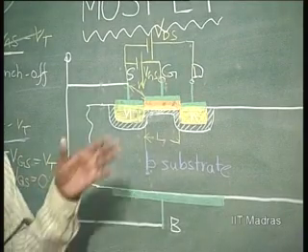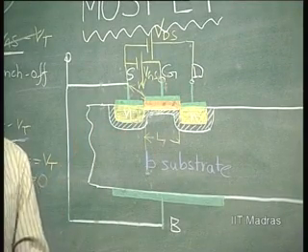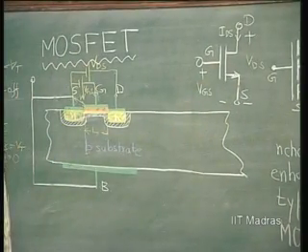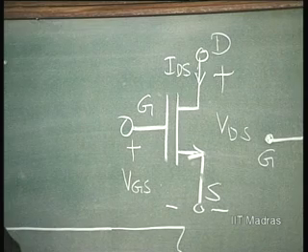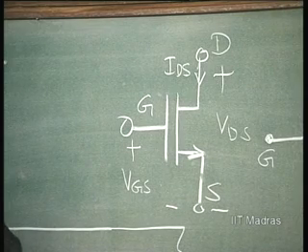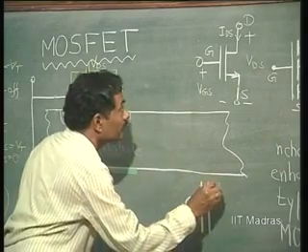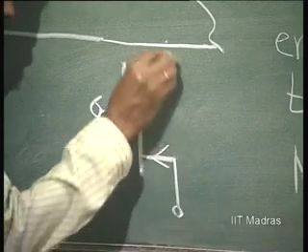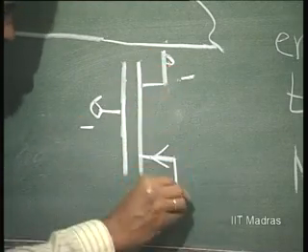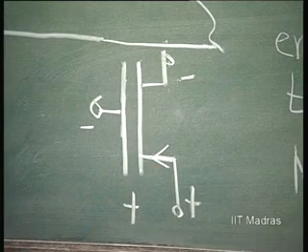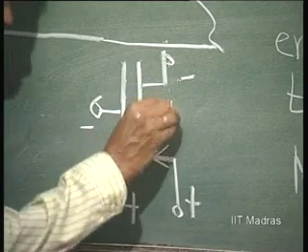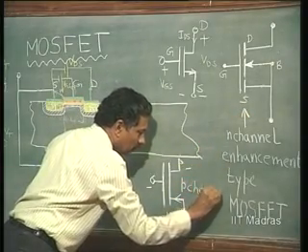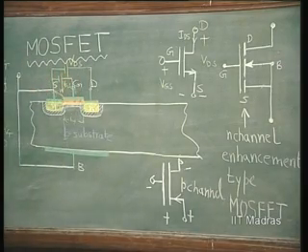Except for that, the other discussions remain the same. The symbol, obviously, this arrow is going to be in the opposite direction. Negative, negative. So, this is for the P channel enhancement type of MOSFET.